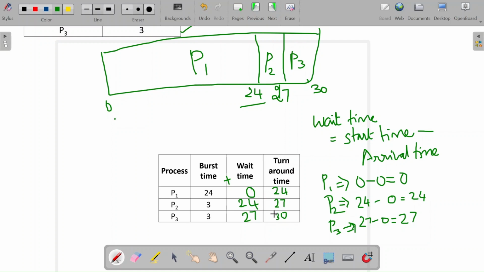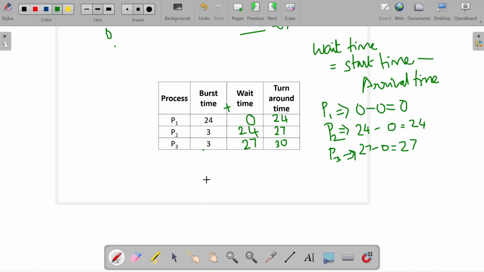Now we have to calculate the average wait time, not only for each individual process. What is the overall performance? So make it a sum. Calculate the sum of the wait times of all the processes: 0, 24, 27.